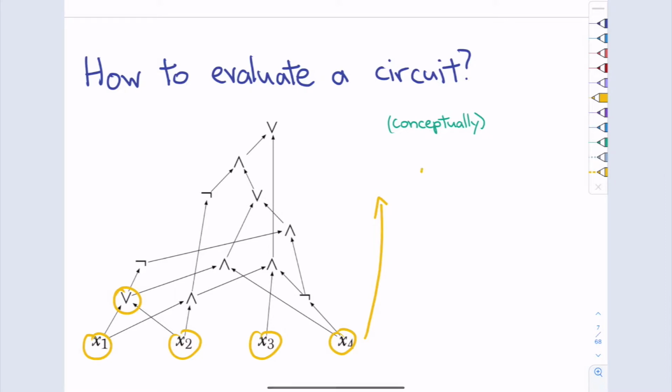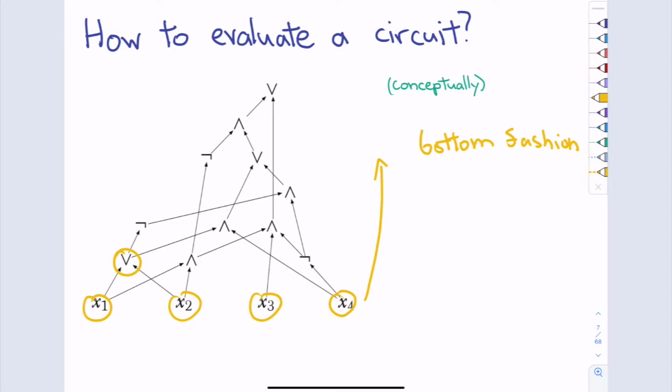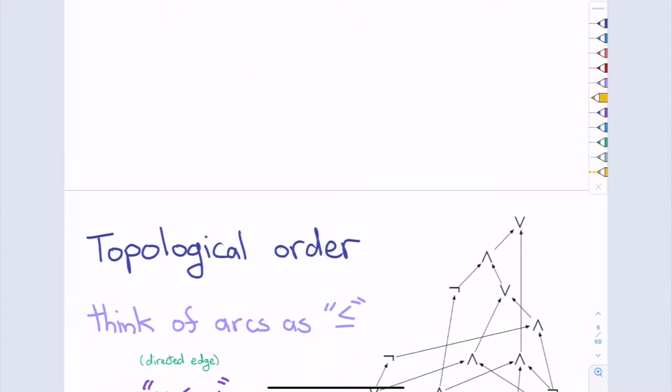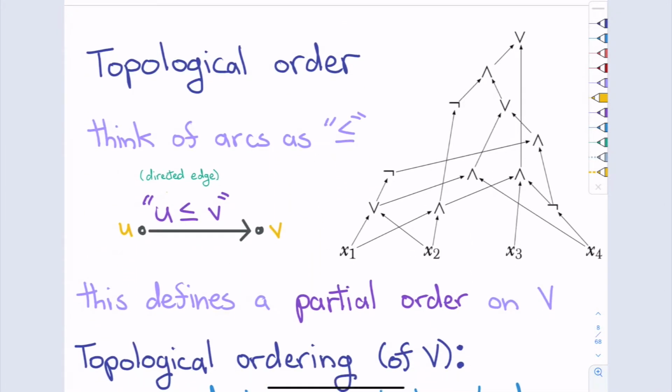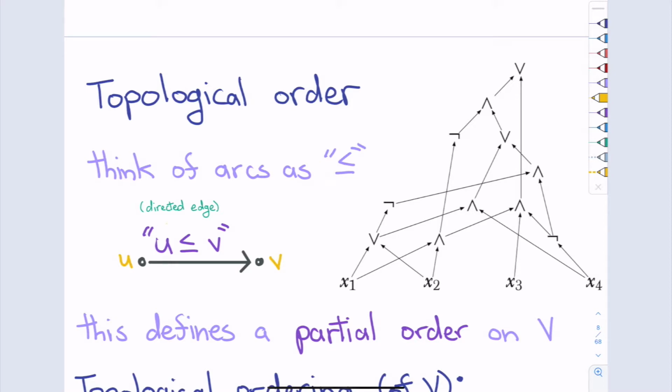Okay, so sort of in a bottom-up fashion, if I were to draw it, all the edges pointed up, like this. Okay. So at some level, this has to do with something called, this is not particular to circuits, but there's a natural notion called a topological order.